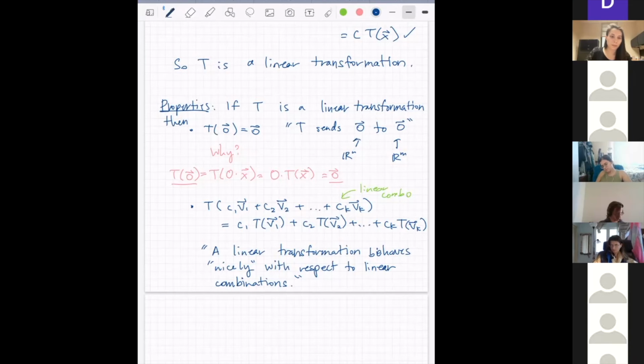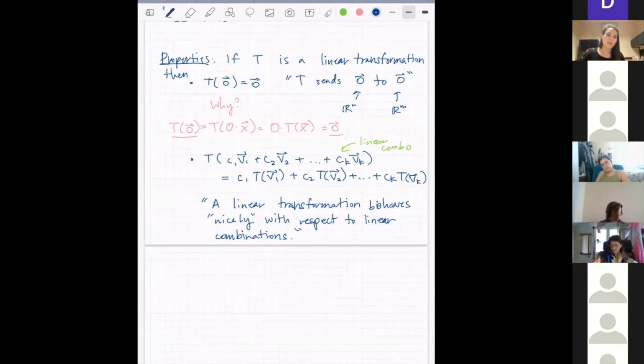Okay. All right, so there's a particular form of linear transformation that is really nice. So let's look at that.